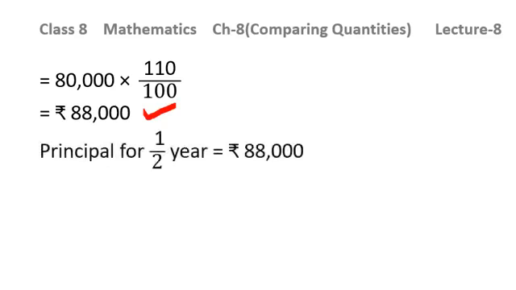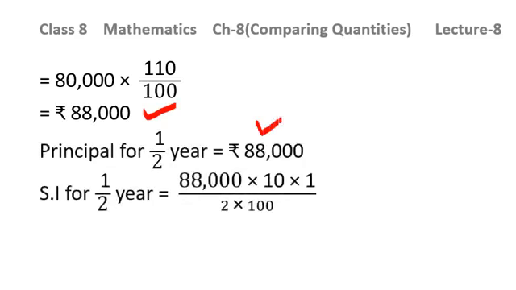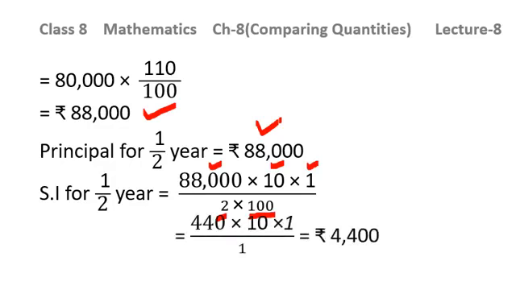Let us see. So principal for the half year will be 88,000. Simple interest formula we are using now: P into R into T over 100. 88,000 into 10 into 1 by 2, where 1 by 2 is the time, over 100. So 440 into 10 into 1 will give you 4,400.